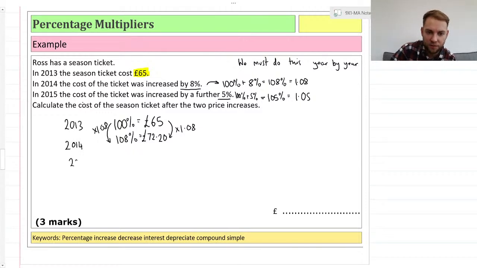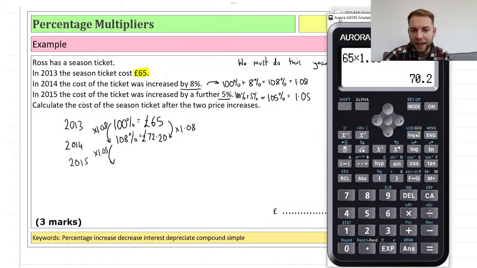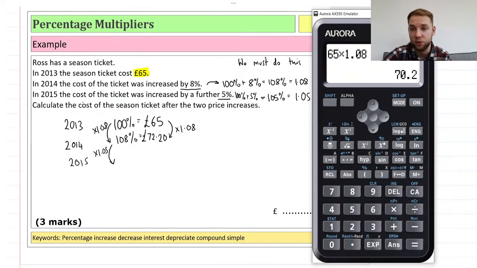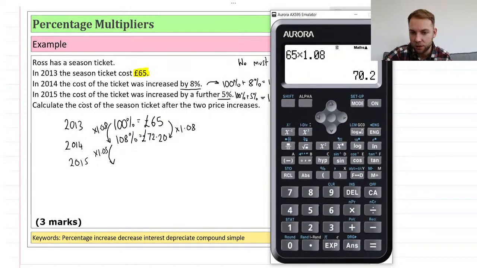In 2015, there's another increase of 5%. Now, an increase of 5% is times by 1.05. Now, when I do this, you'll see why increasing by 13% doesn't work. Because if I do 108% times by 1.05, I actually get 113.4%.